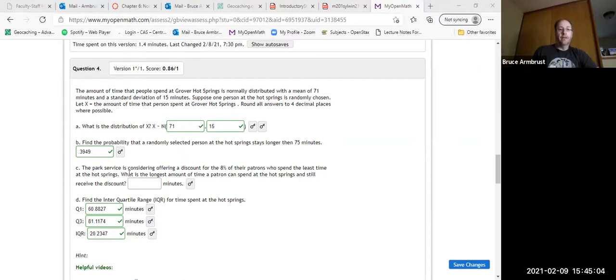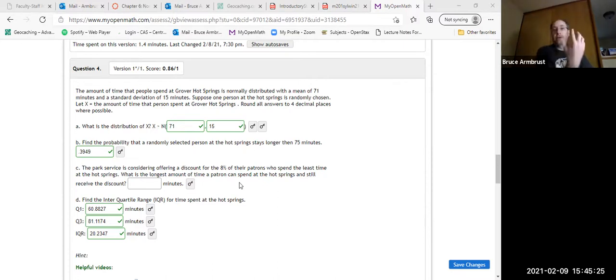Okay, so let's look at part C. So part C says the Park Service is considering offering a discount for the 8% of their patrons who spend the least time at the hot springs. What is the longest amount of time a patron can spend at the hot springs and still receive the discount?